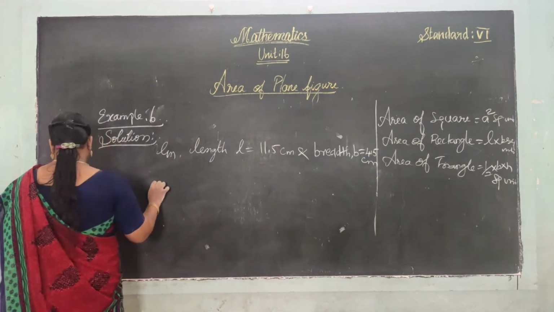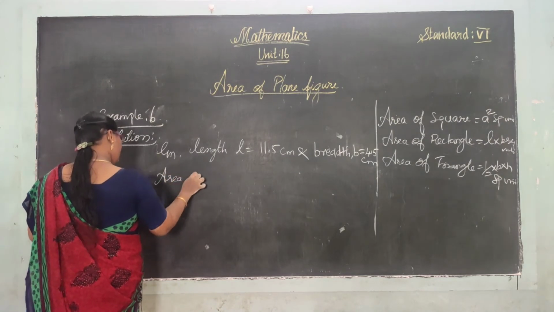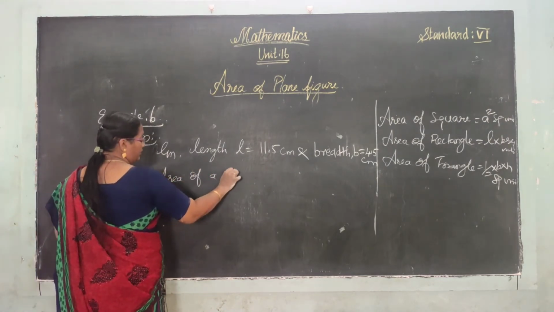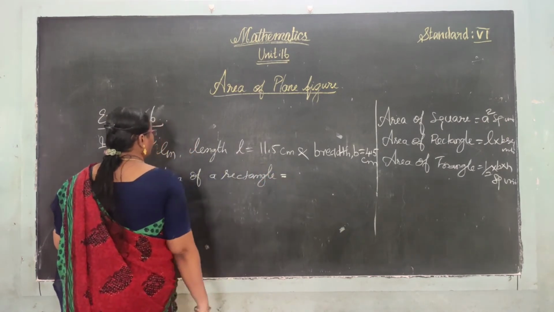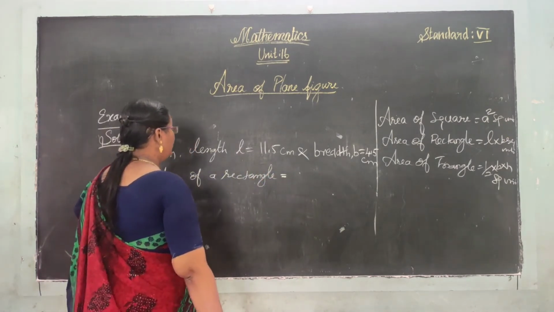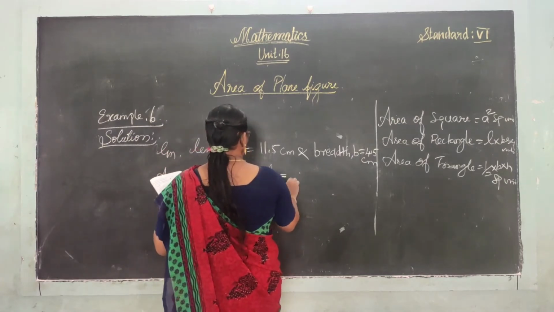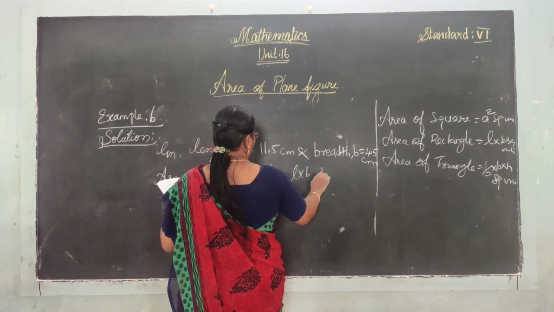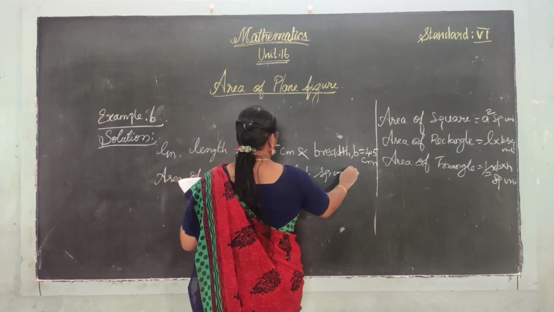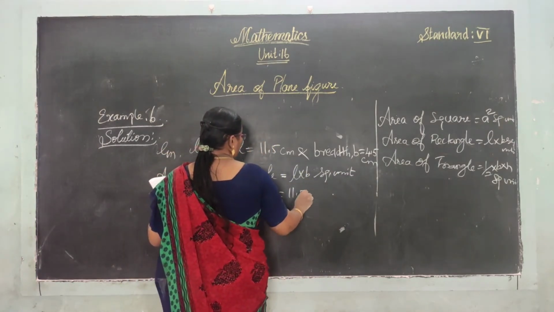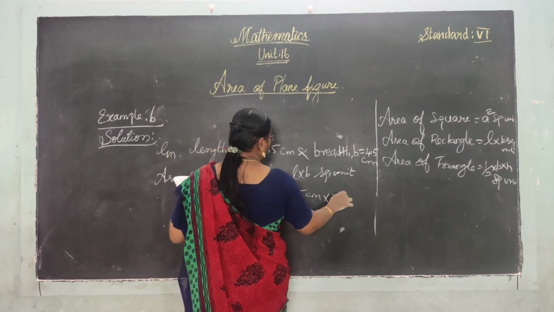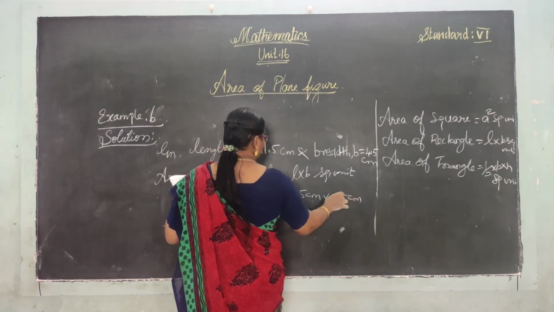Okay, so area of the rectangle is equal to L into B square unit. So L value was 11.5 centimeter into breadth 4.5 centimeter.